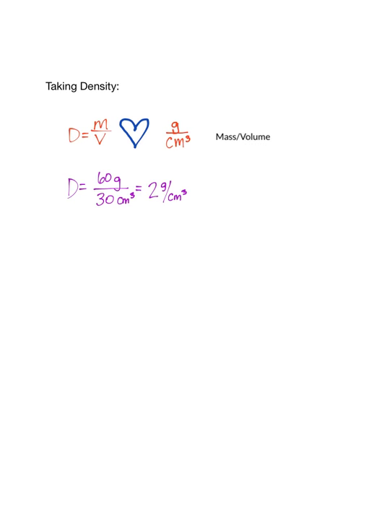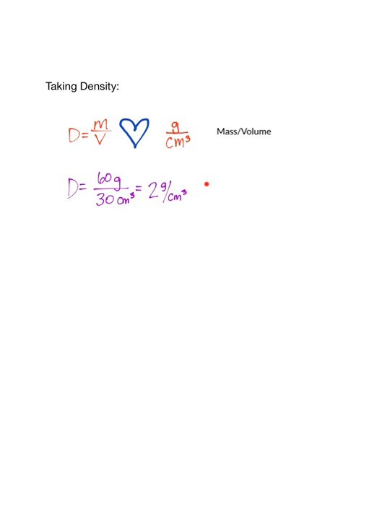That is density. Mass will always be in grams, and then volume, since we're using the more accurate measurement, will always be in centimeters cubed. When I think of density, I like to think of a heart. If you connect the M and the V, it looks like a heart. So that's how I always remember that mass goes on top of volume.